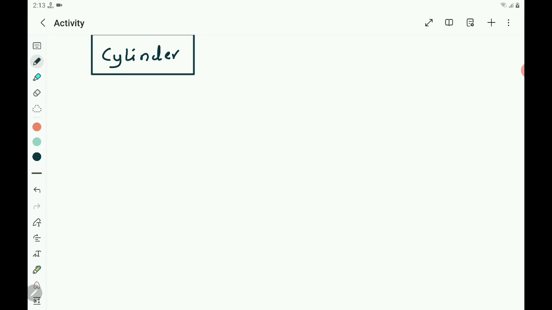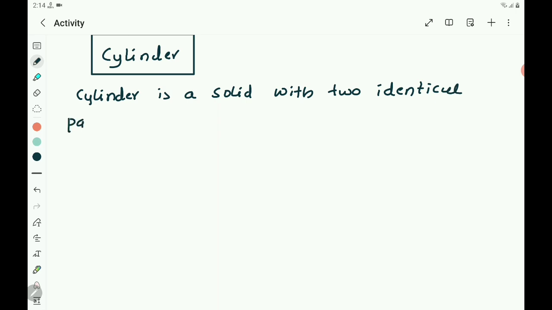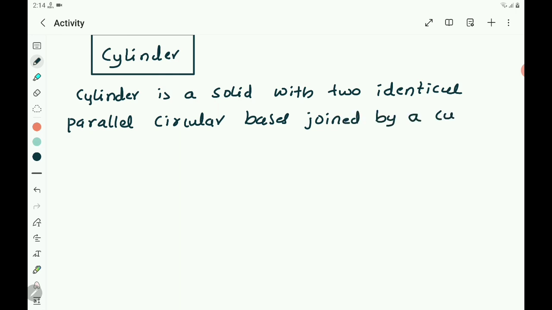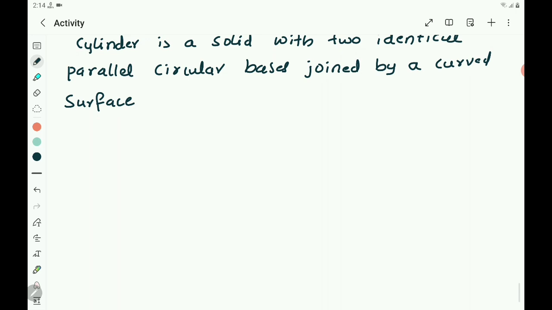So write: cylinder is a solid with 2 identical parallel circular bases joined by a curved surface.